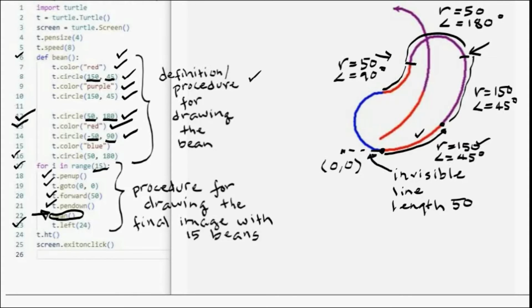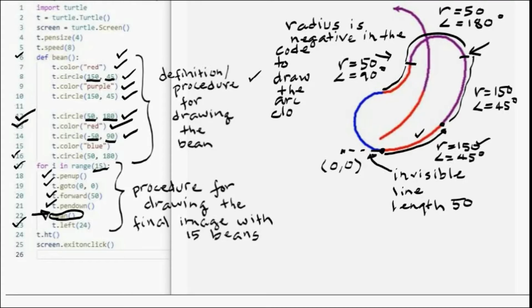Perhaps you notice that in the code, the radius is negative 50. The radius is negative in the code to draw the arc clockwise.